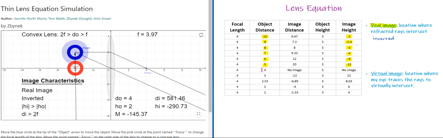This is a very unique position for the object to be in because it allows us to do some analysis on what it means not to have a real image.